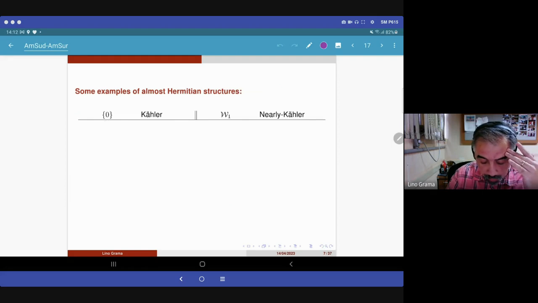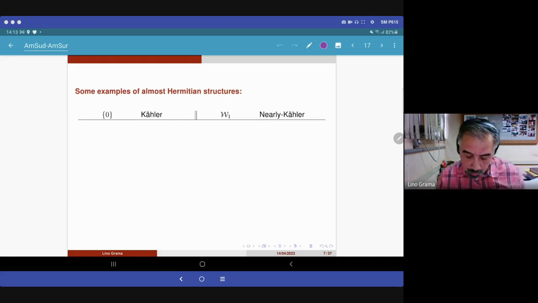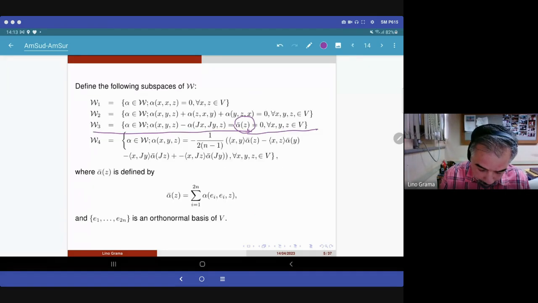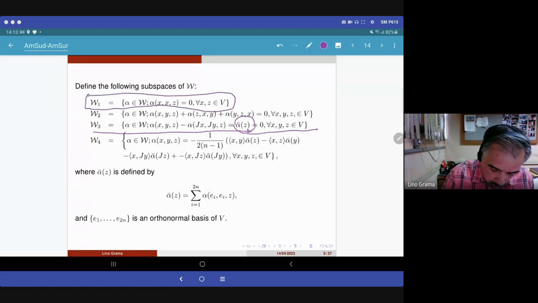The class W0 is the Kähler structure. W1 is nearly Kähler. This is very well studied. What does this mean, for instance? W1 means the covariant derivative of the omega satisfies this.